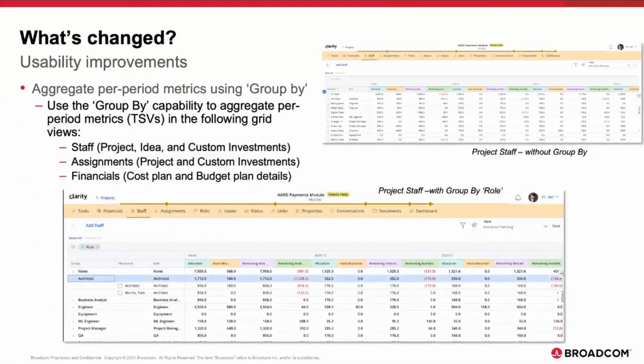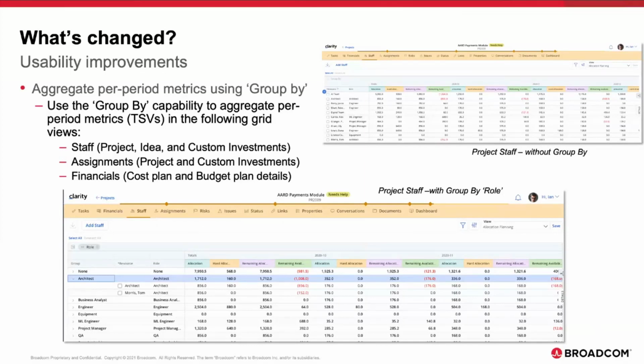So if we look at the first piece here, aggregating per period metrics. The upper right corner is a staff module that you've seen before. It's got those new per period metrics in there for remaining allocation, remaining availability as an example. And they're not aggregated. It's just a list view. In the bottom example here, we're grouping by role, and you now see the aggregation across those roles.